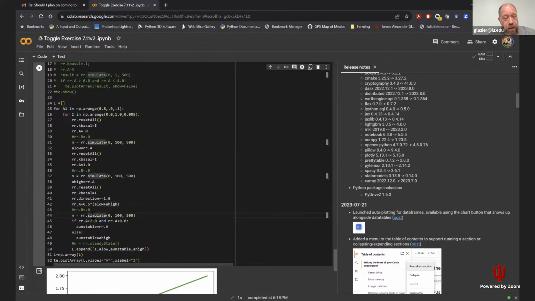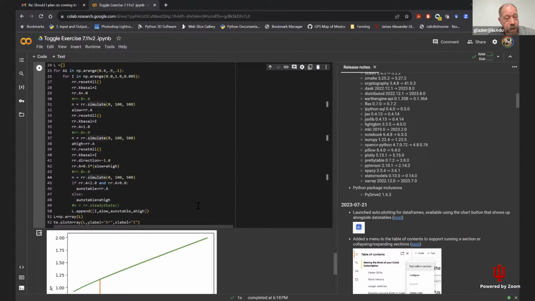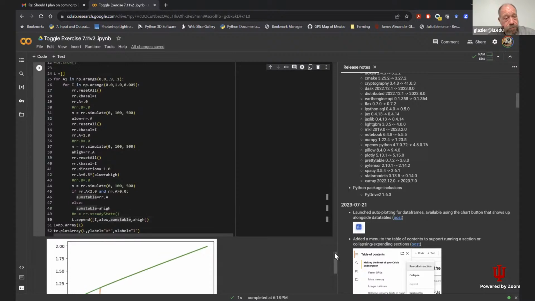I simulate now, and the simulation could diverge because when you run backwards in time, it's unstable. So I check if the value of my output is positive and between 2. If it's well behaved, I add it. If it's not well behaved, I fall back on A high, which I already have, and I stack it.